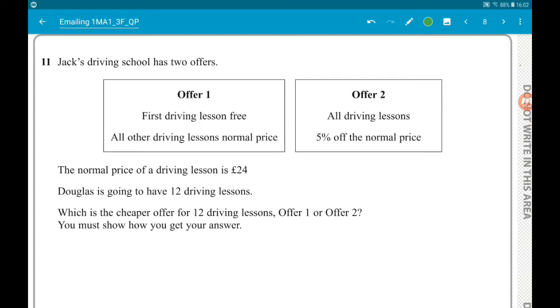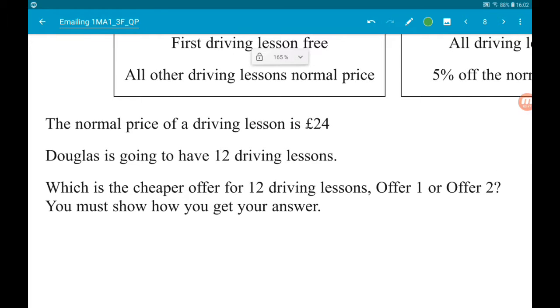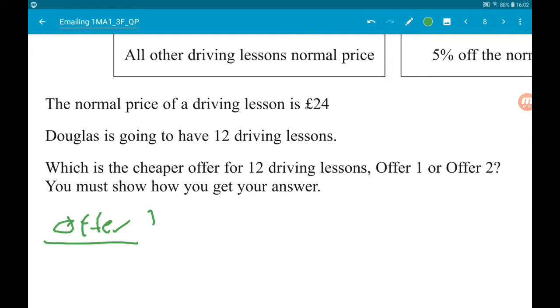Okay, so by offer 1, he's going to need to pay for 11 lessons at the normal price. So that's 11 times 24, which is £264.